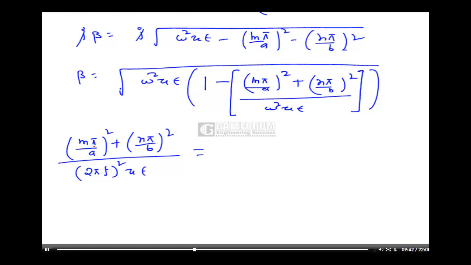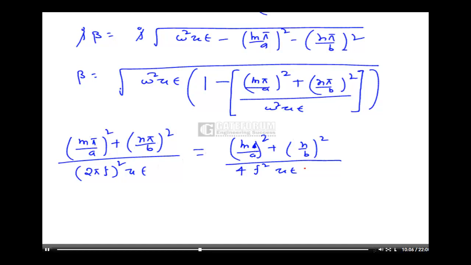If you take π² common in the numerator, the π² in the denominator cancels out. Therefore, [(m/a)² + (n/b)²] divided by 4f²με.